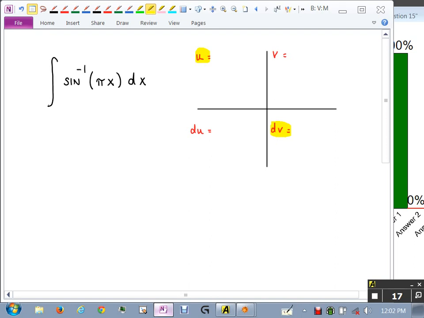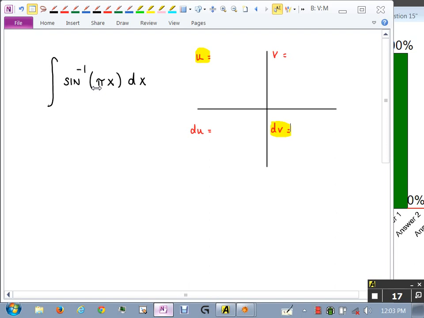We know that dv can't be arc sine. Do you all agree with that? I cannot let dv be arc sine because if I knew what the antiderivative of arc sine was, I would already have been able to give you the answer. But there's really nothing else I can choose for u. I'm limited here.